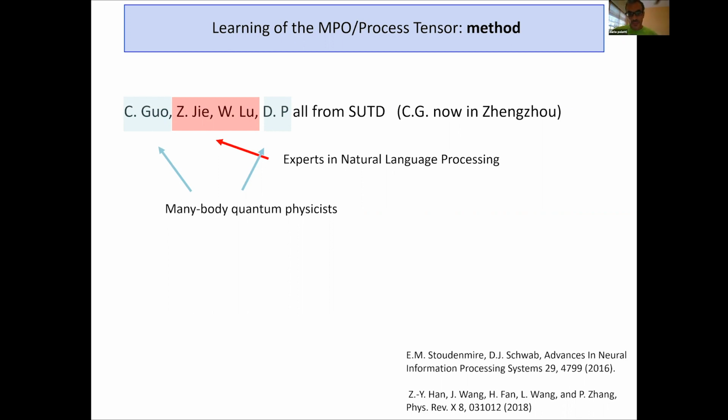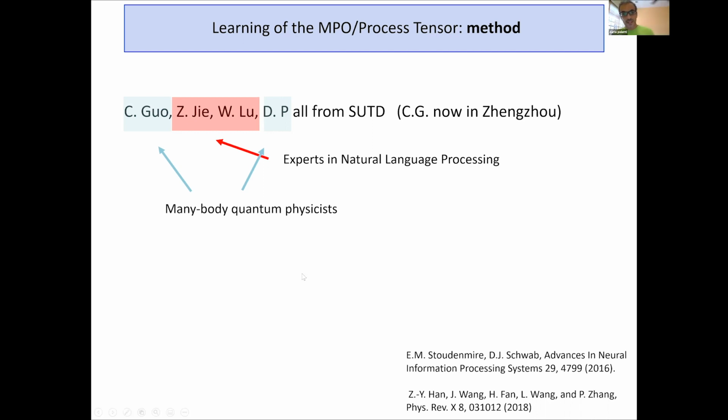The idea came from some papers by Stoudenmire and Schwab, and also by Wang Lei and Pan Zhang in China. They've been using tensor networks as exponential machines, basically, instead of linear networks, to solve classical machine learning problems.